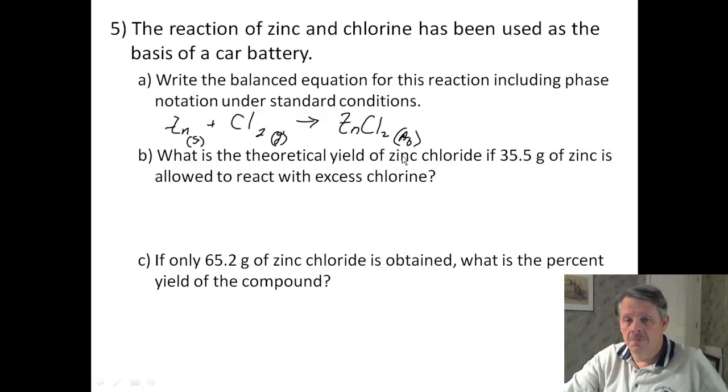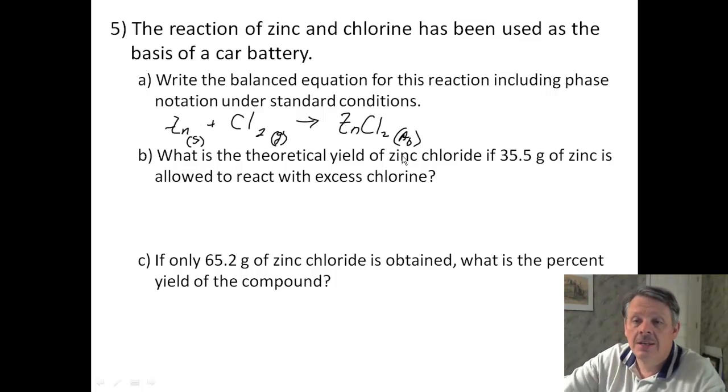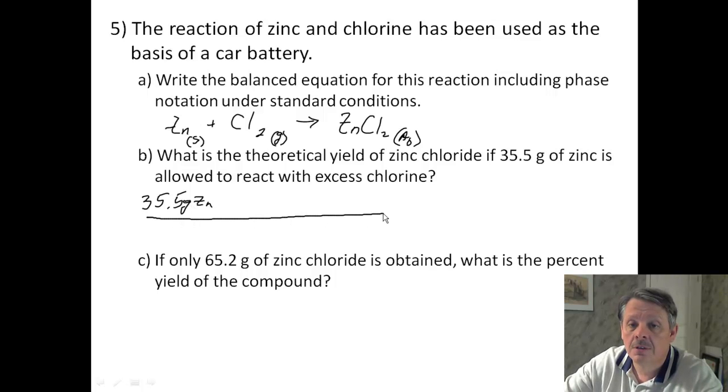Now, what is the theoretical yield of zinc chloride if you start with 35.5 grams of zinc and you have excess chlorine? Well, that means we don't have to worry about the chlorine. We start with 35.5 grams of zinc. By the way, folks, the equation up above us is balanced already. You don't have to worry about that.